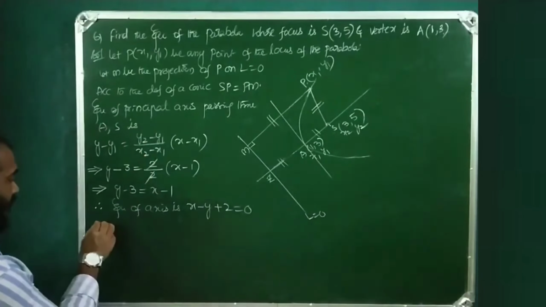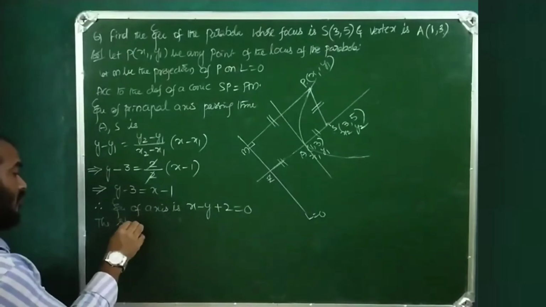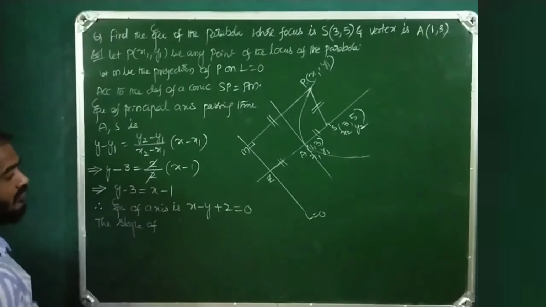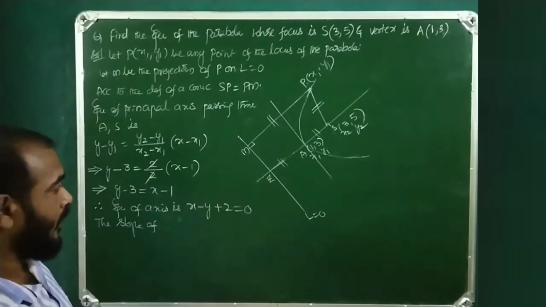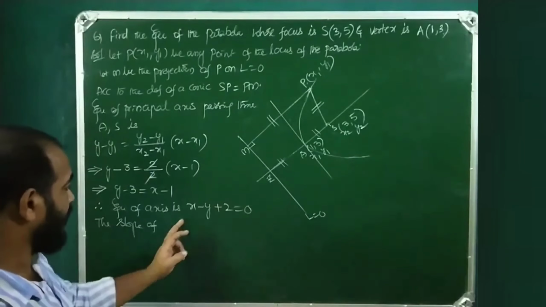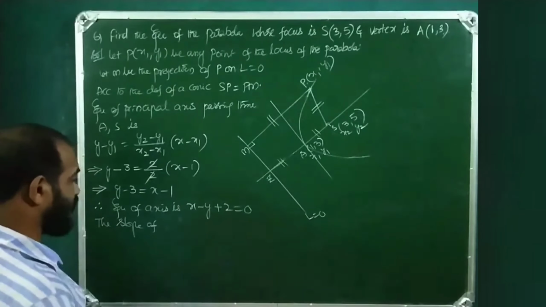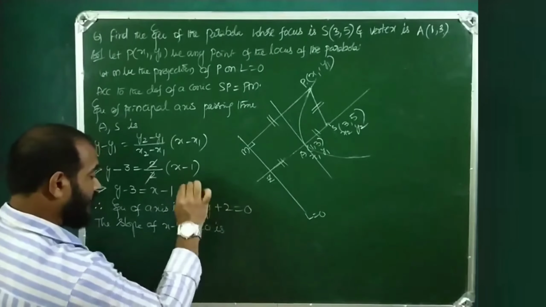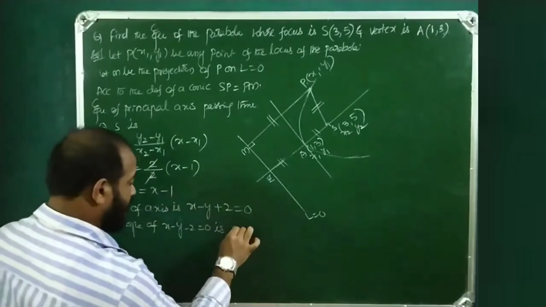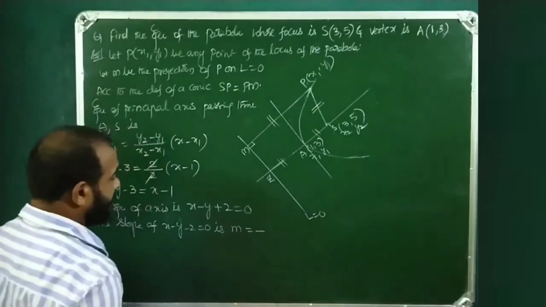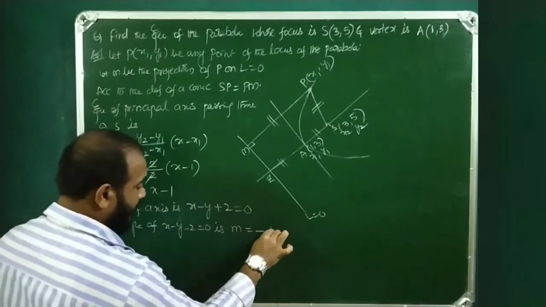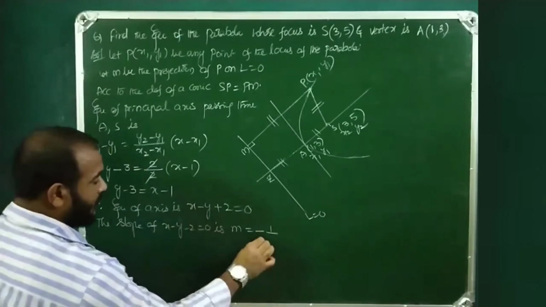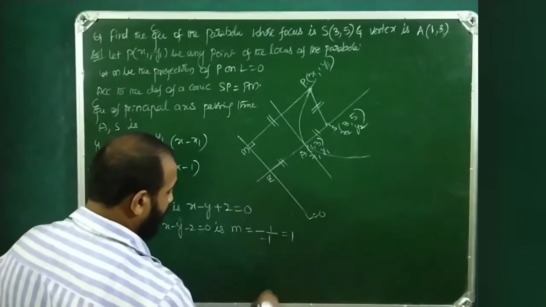The slope of x minus y plus 2 equals to 0 is m equals minus a by b, where a is the x coefficient and b is the y coefficient, which gives 1.